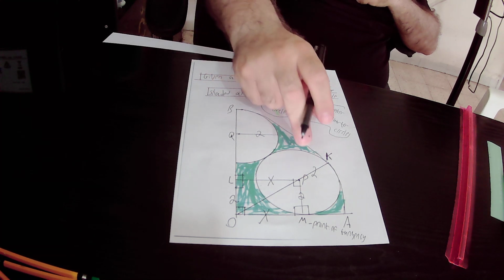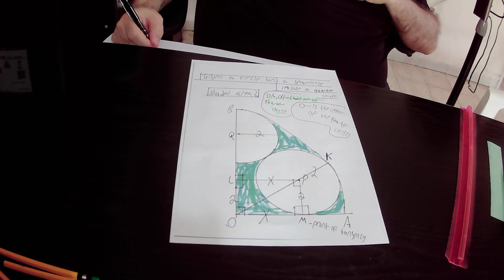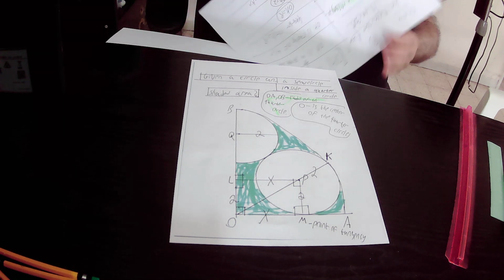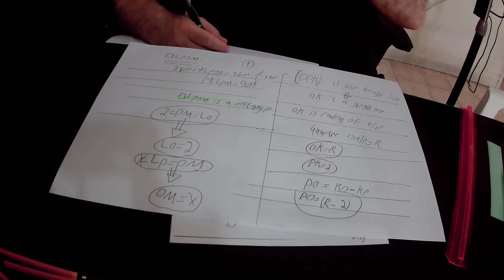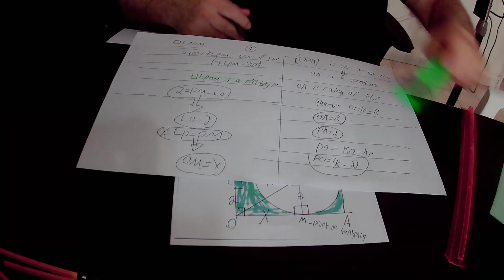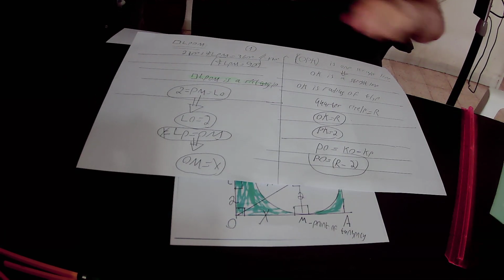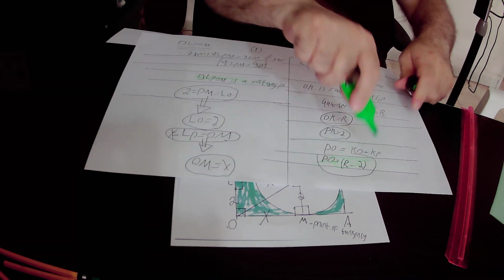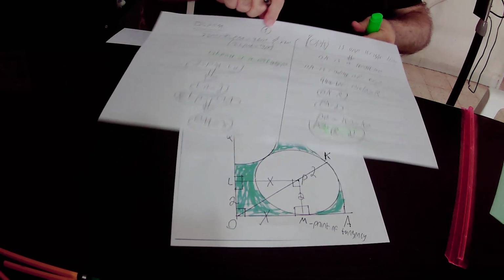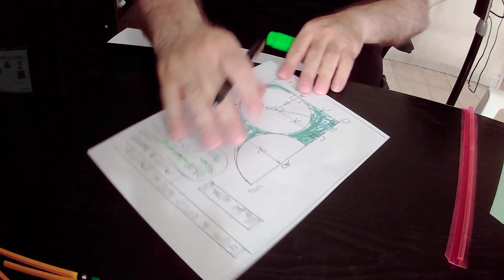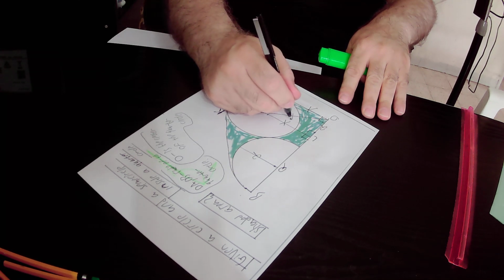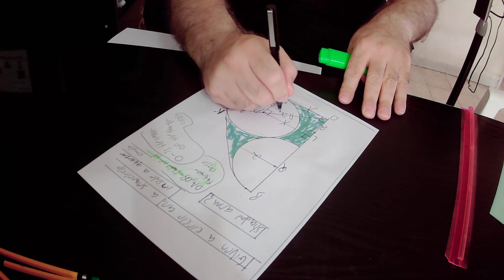We already found out that KP equals 2 units. So in conclusion, the length of line segment PO equals capital R minus 2.